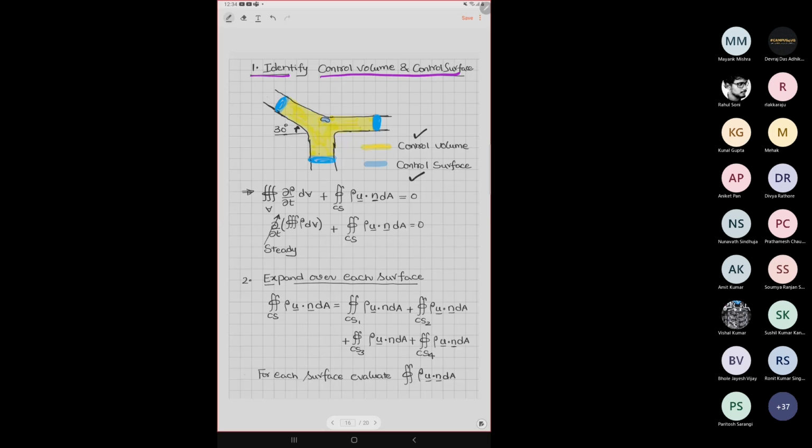Now, if I apply mass conservation in integral analysis, volume integral d rho by dt dV plus surface integral rho u dot n dA is equal to 0, I have to apply. The first assumption I am making, before solving any problem, is that flow comes from one location steadily, and flow goes out steadily out of the system.